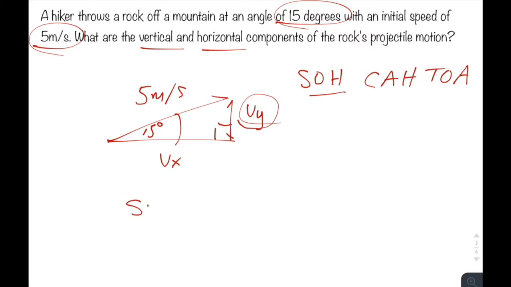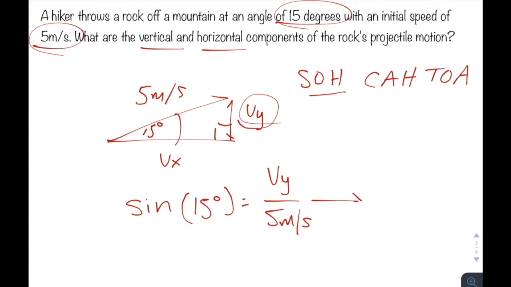And so we would do sine of 15 degrees is equal to the opposite over the hypotenuse, and our opposite is our vertical component, and our hypotenuse is the initial velocity, or our 5 meters per second, right? I don't have a calculator handy on me, but go ahead and solve for that, and you'll get the vertical component of the rock's initial speed.